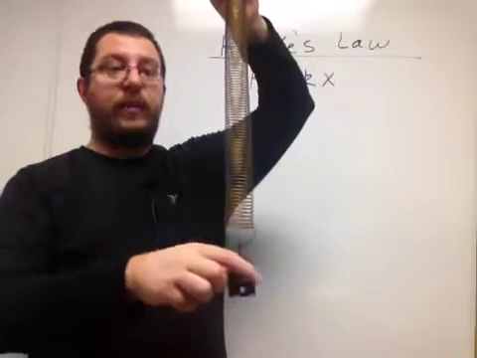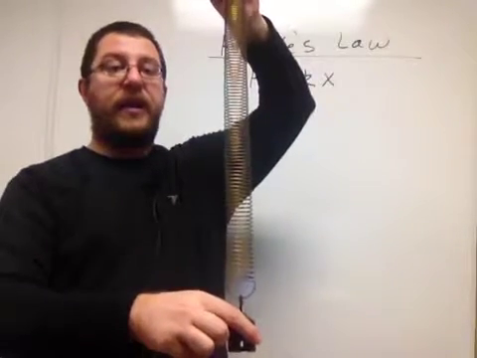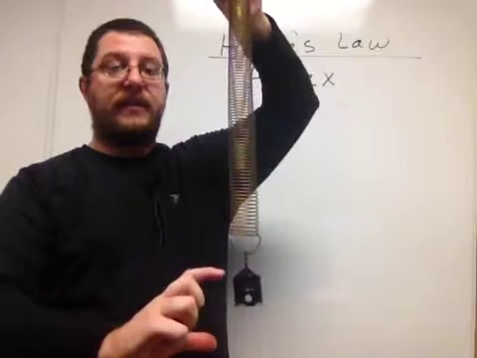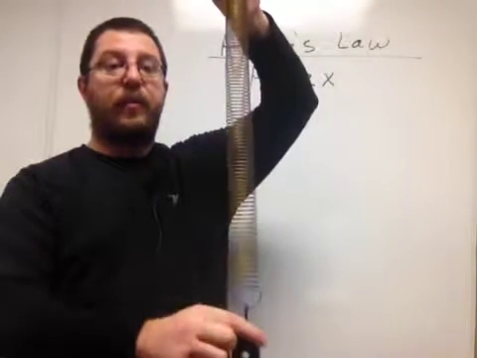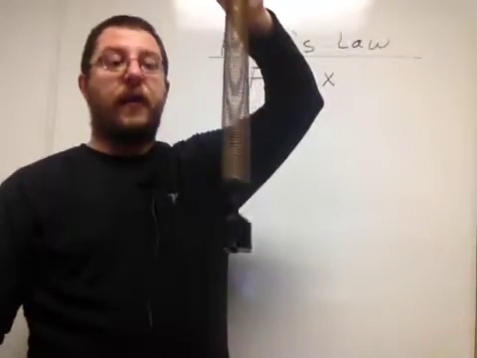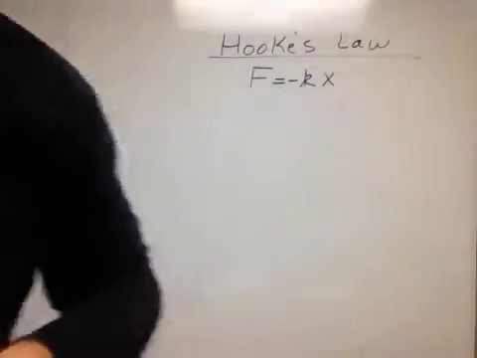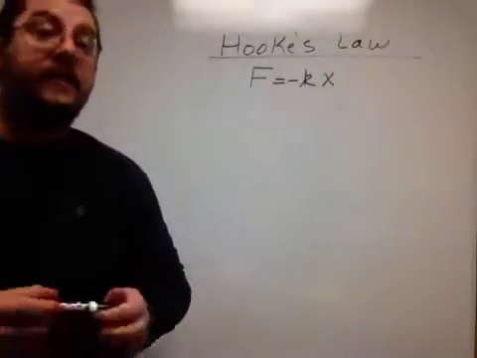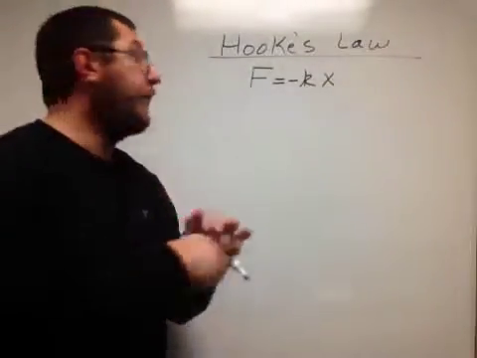So if this is the equilibrium position and I pull it down here, then x is the distance from equilibrium to the position that I pull it down. And you'll notice that it just bounces up and down. So x is the distance from equilibrium position.